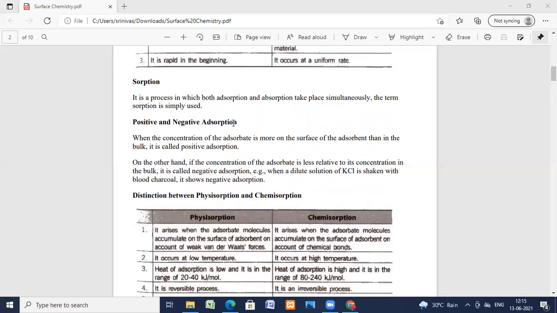On the other hand, if the concentration of the adsorbate is less relative to its concentration in the bulk, it is called negative adsorption.